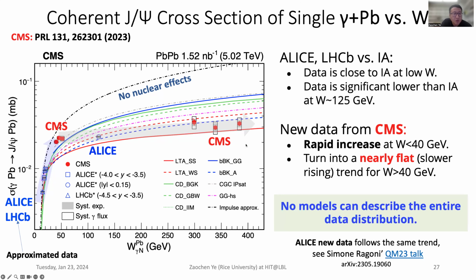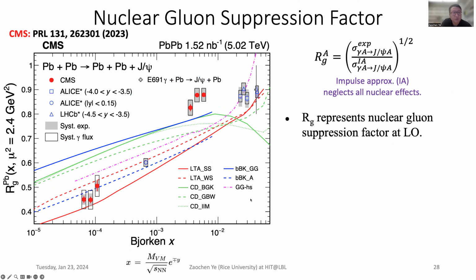And no model can actually describe this observed trend for the entire W region from about 20 GeV to 400 GeV. And if we calculate the nuclear suppression factor, which is defined by the square root of the experimentally measured cross section over the impulse approximation curve prediction.